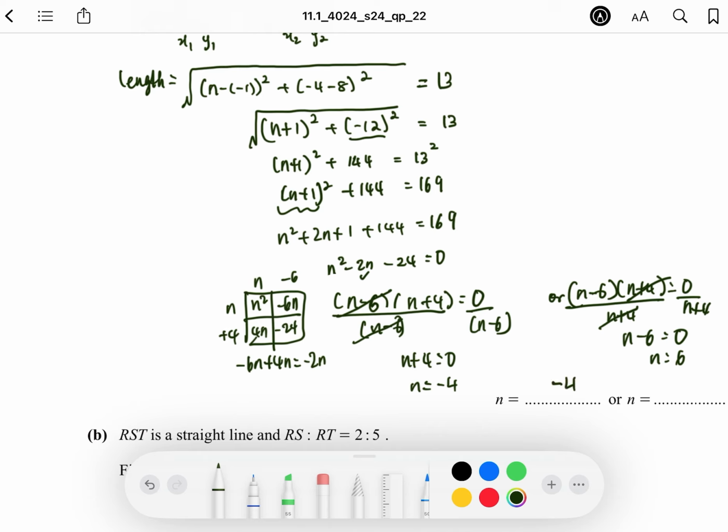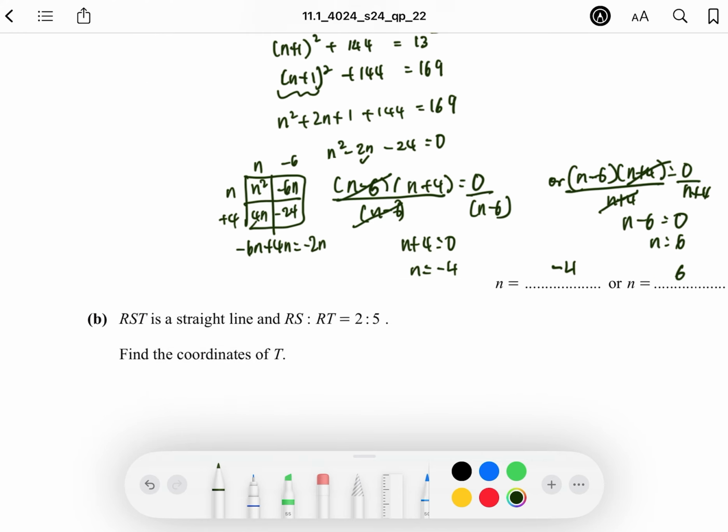So the two possible values of n are minus 4 and 6.